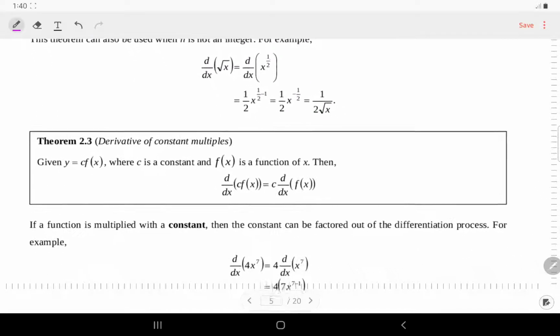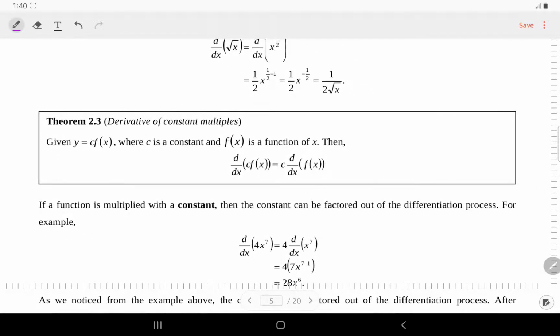Okay, the third theorem is for differentiation of constant multiples. Constant multiples. Okay, meaning that the function kita ada constant c dekat depan function tu. So if you find the function like that, so how do you differentiate this function?